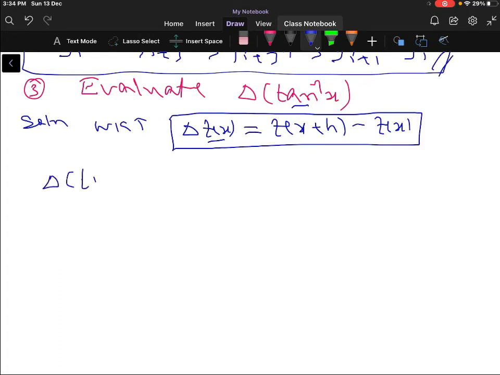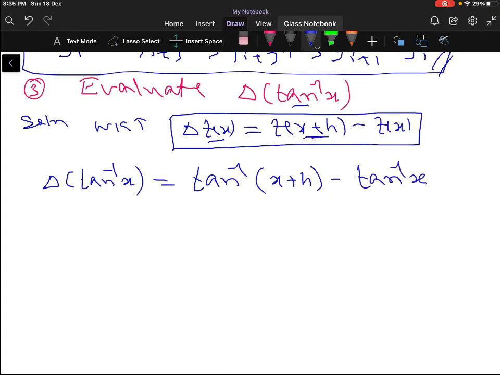Now delta of tan inverse of x is equal to tan inverse of, in place of x you should take x plus h, minus tan inverse of x.